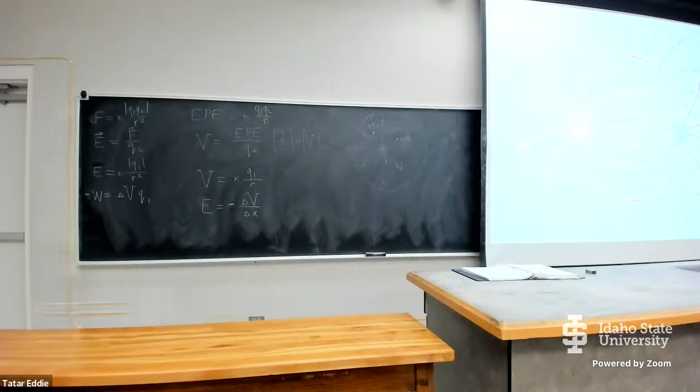Since I'm touching it with the ground, that equipotential surface right now is exactly 0 volts by convention. It is the potential, the voltage of the ground. If I charge it, it is going to be an equipotential surface of, let's say, about 1000 volts.